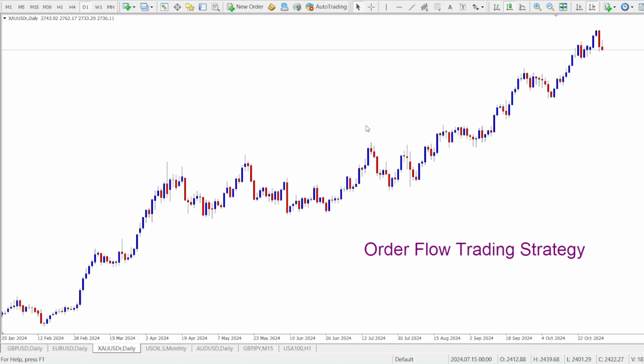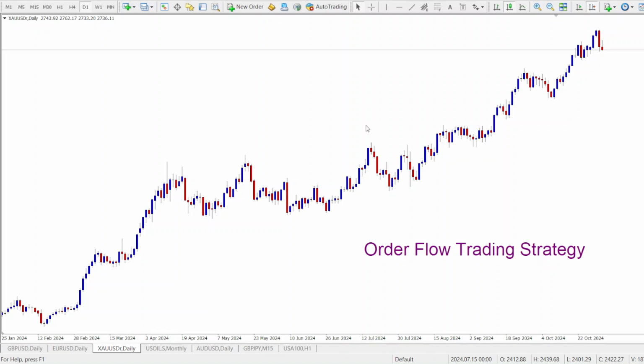Now, just to share a few practical tips very briefly on how to combine order flow analysis with your trading strategy effectively. Firstly, focus on understanding the flow of orders in relation to market movements.